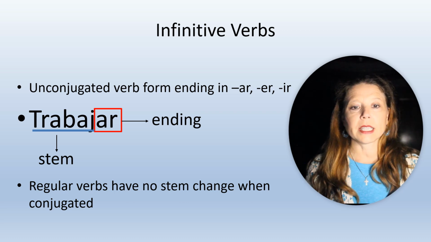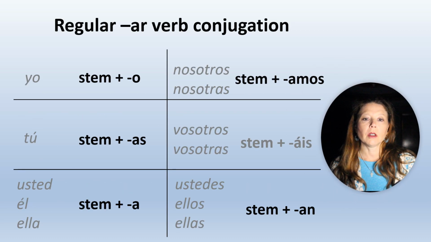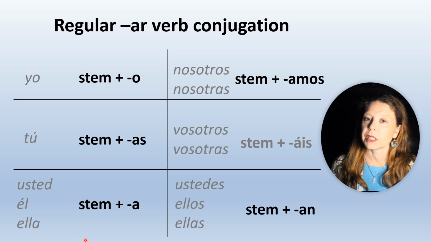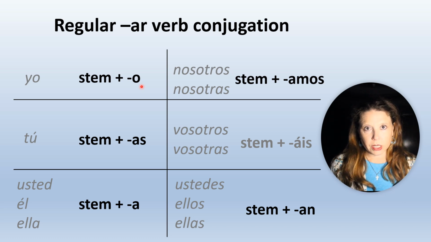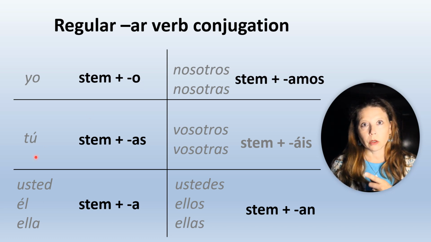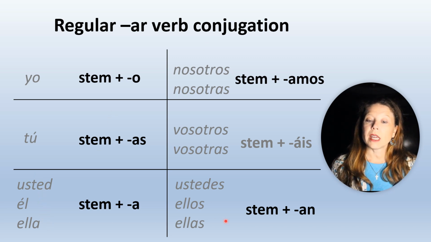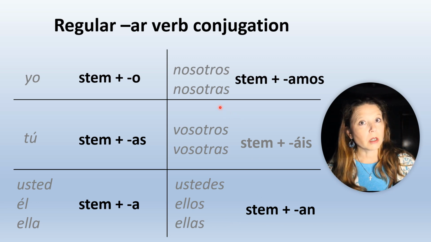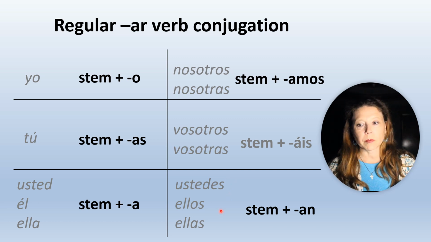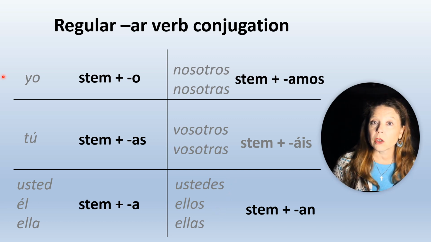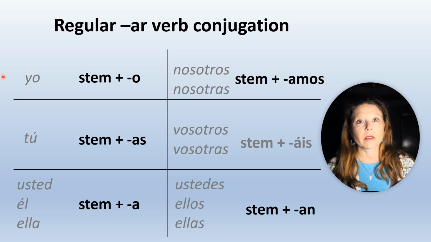Well, let's take, for example, AR verbs. As always, I like to draw this grid in which on the left-hand side, we have our singular persons: yo, for I; tú, you; usted, you formal; él and ella, he and she. On the right-hand side, we have our plural persons: nosotros, vosotros, ustedes, ellos, ellas, etc. So how do we conjugate these regular AR verbs in Spanish?